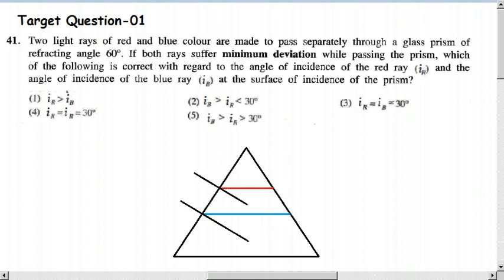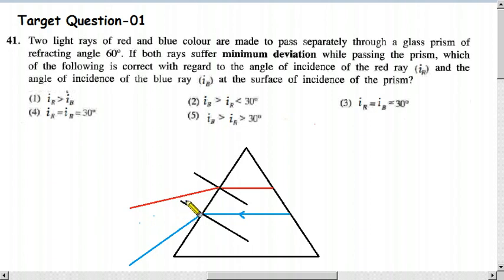Then red light bends a little, because we discussed that at the beginning itself. Blue light bends much. So imagine now the ray is coming out of the prism this way, from inside. When it is going to air, it should bend away from the normal like this.